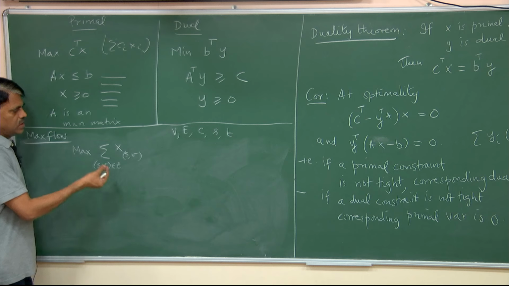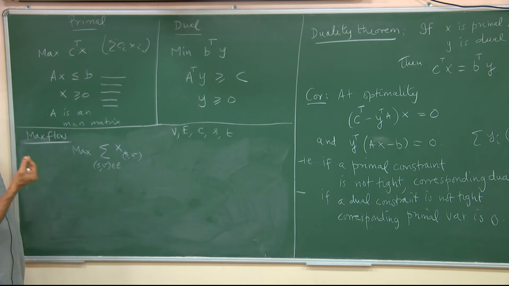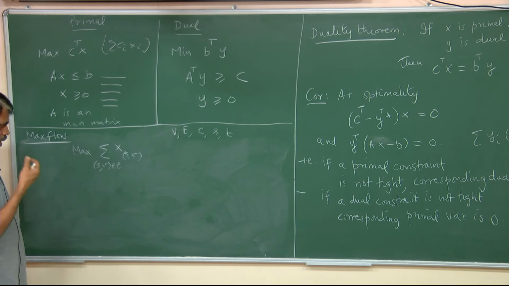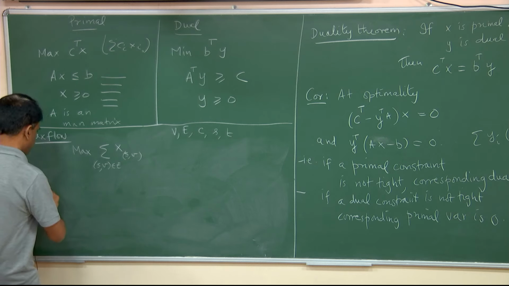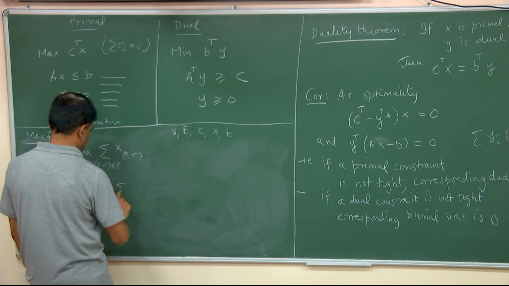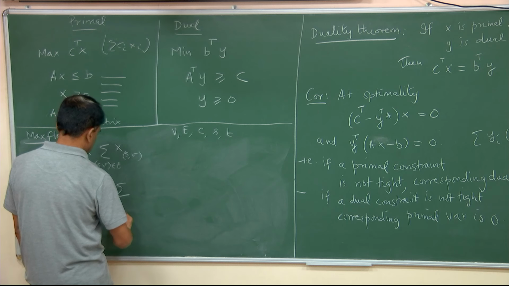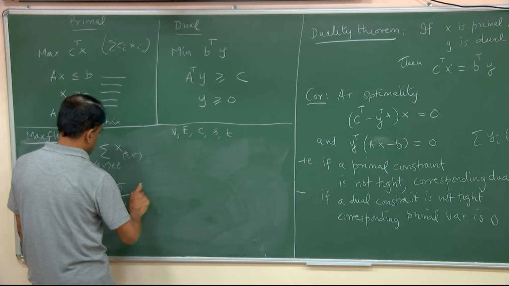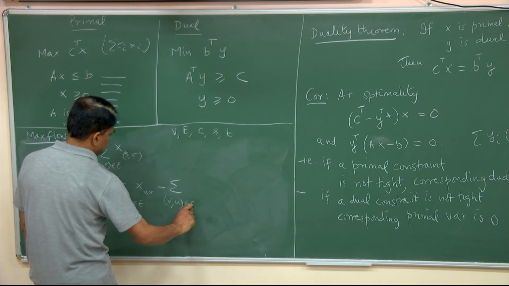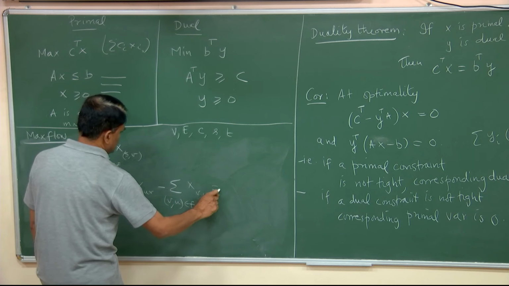Our variables are the flow value on an edge. x_ij represents the flow value on the edge ij. You want to maximize the flow out of s. And what are the constraints? For all v in V minus {s, t}, the summation over (u,v) in E of x_uv minus the summation over (v,u) in E of x_vu is equal to 0.